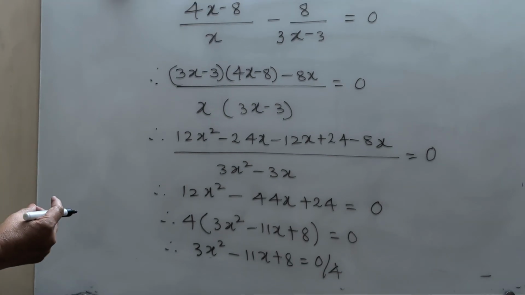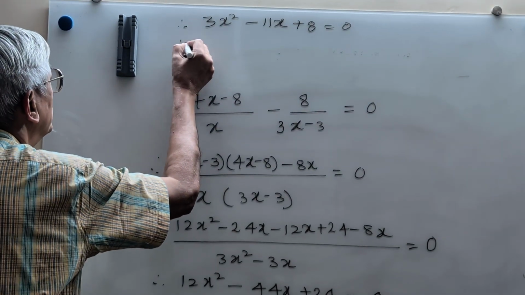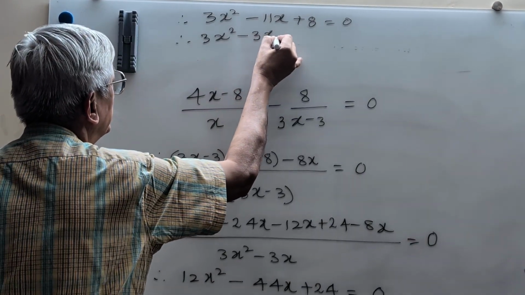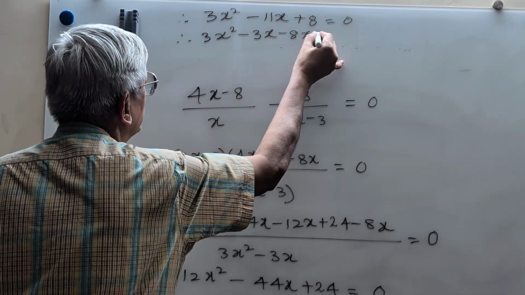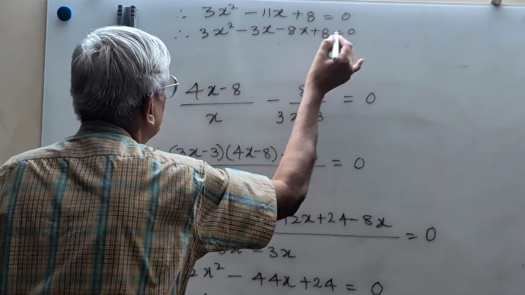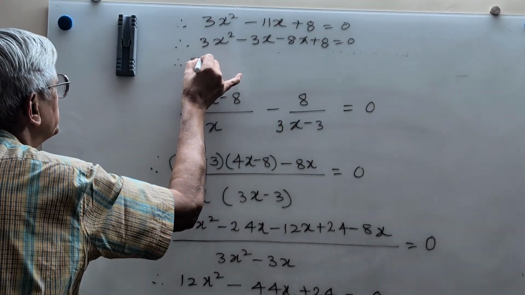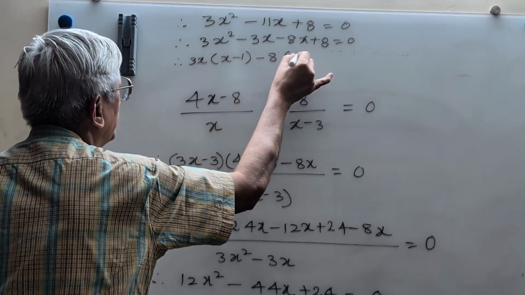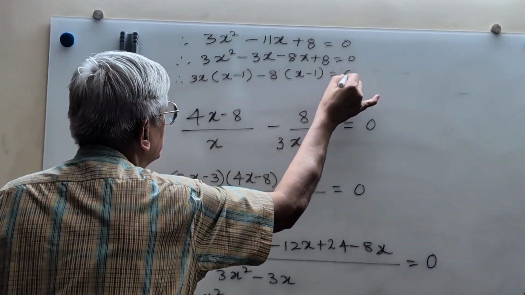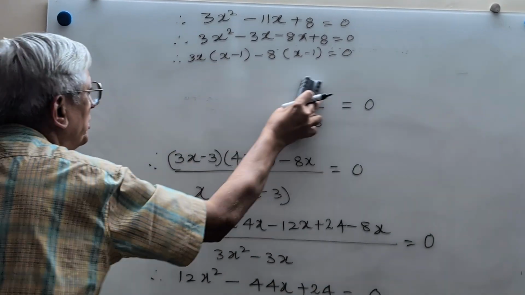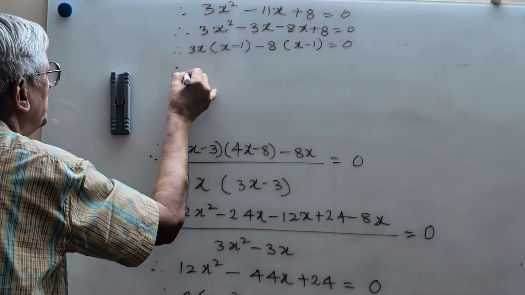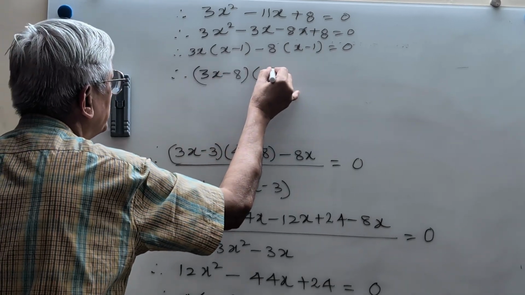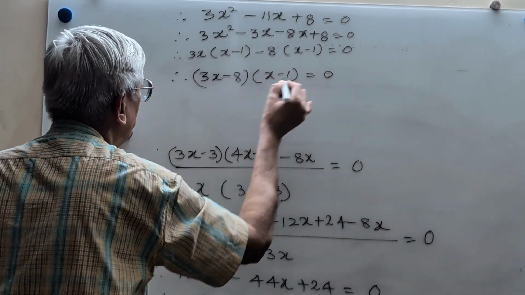Now we'll factorize this equation. So 3x squared minus 3x minus 8x plus 8 is equal to 0. Therefore 3x(x minus 1) minus 8(x minus 1) is equal to 0. Therefore (3x minus 8)(x minus 1) is equal to 0.